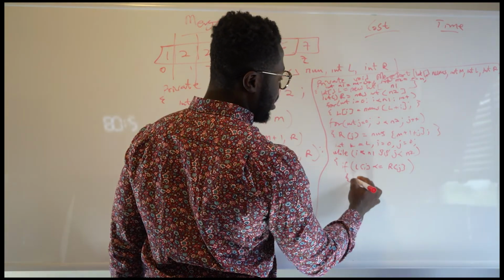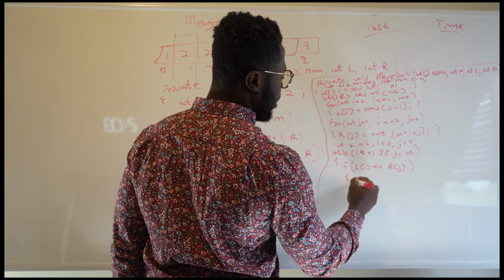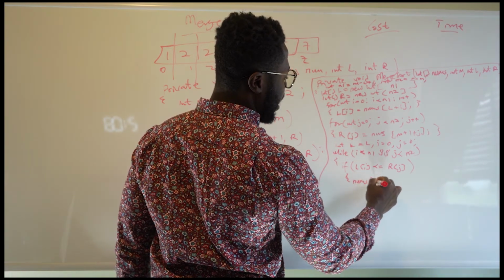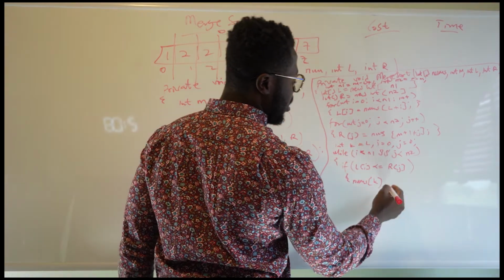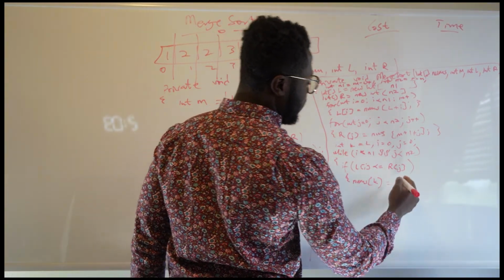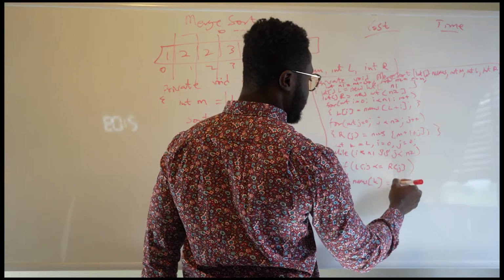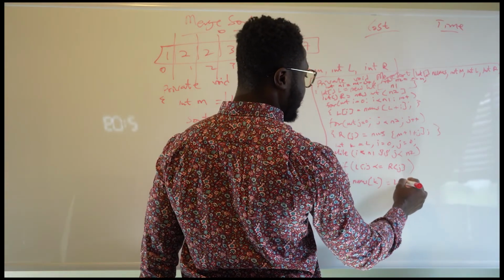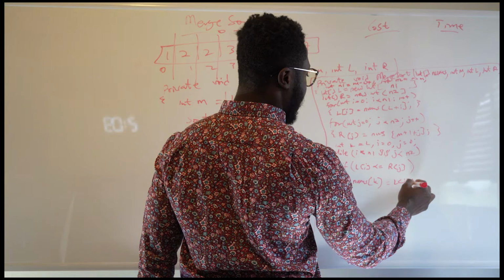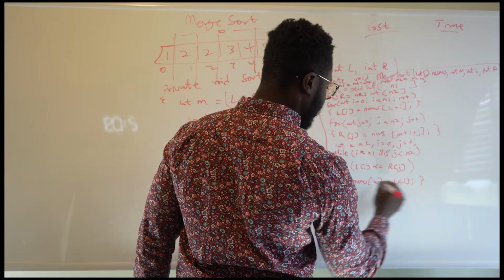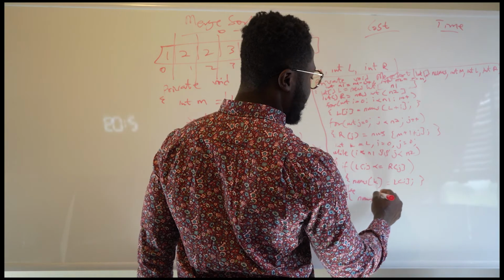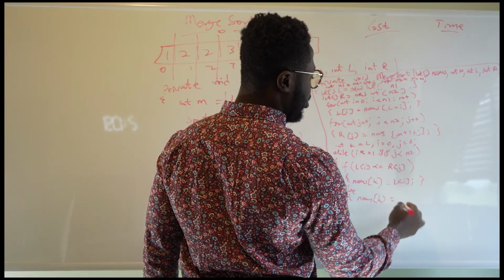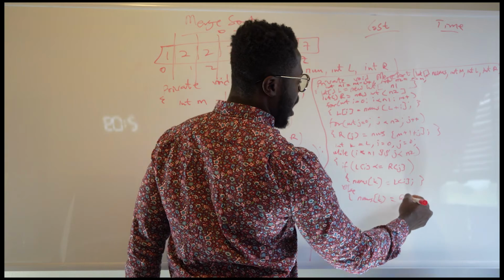And that is going to be nums at k, because k is going to be the lowest here. Then we put it there, and this is going to be L[i]. Else nums at k is going to be equal to R[j].